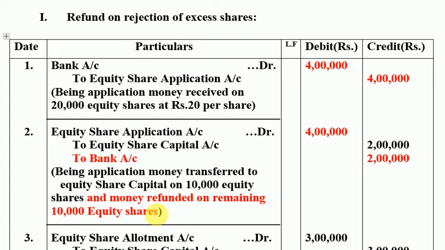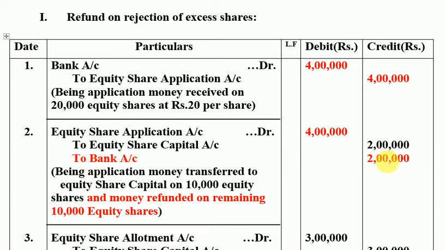Since the applications have been received for 20,000 shares, which is 4 lakh rupees, the company can allot only 10,000 shares to 10,000 applicants. So 10,000 shares multiplied by 20 rupees will be transferred to equity share capital, and the amount will be 2 lakh. And the remaining 10,000 shares multiplied by 20 rupees will be refunded, and so the entry goes to bank account 2 lakh.